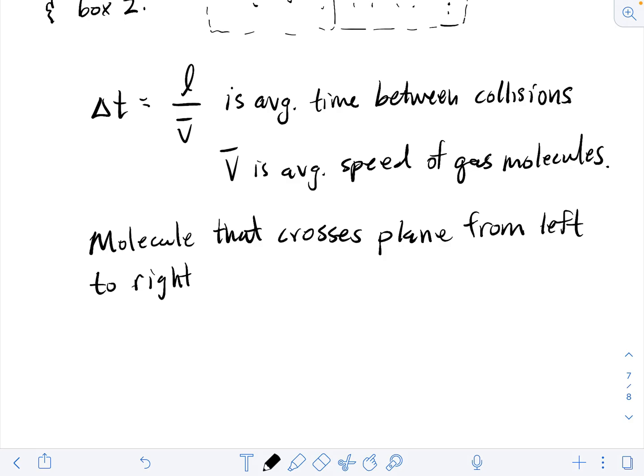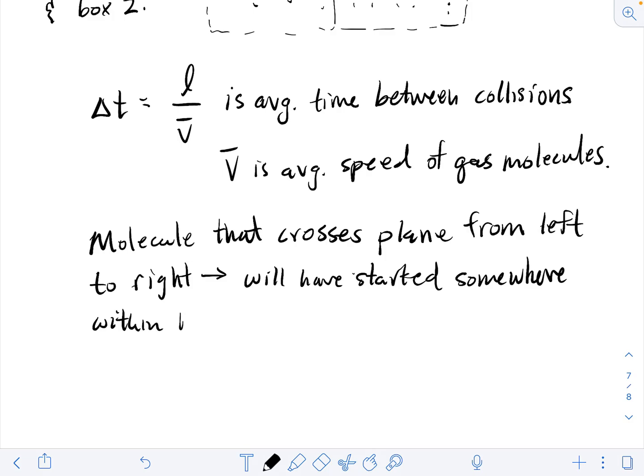This particle will have started somewhere within box 1.